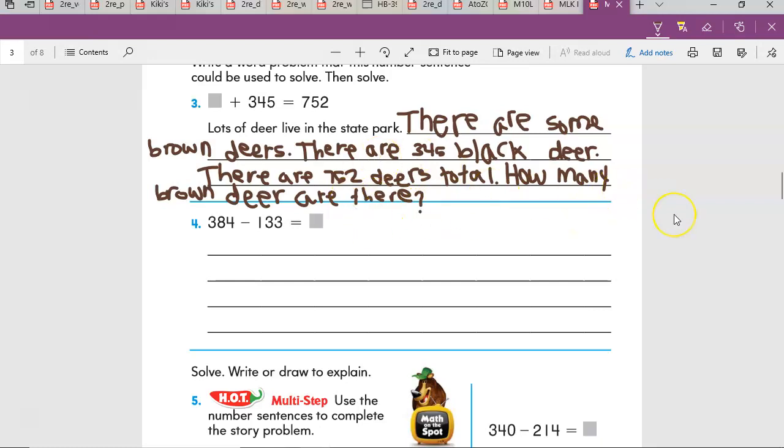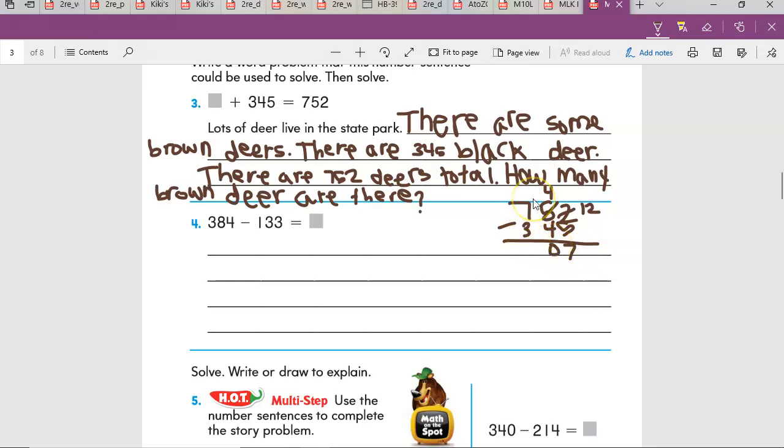What are we going to do to solve this problem? Subtract or add? We're going to subtract, guys. You have to find the missing number here. So you're going to have to do the opposite of add, which is subtract. So you're going to subtract 752 take away 345 equals your answer. 2 take away 5, you can't do it. 5 becomes a 4. 2 becomes a 12. 12 take away 5 is 7. 4 take away 4 is 0.